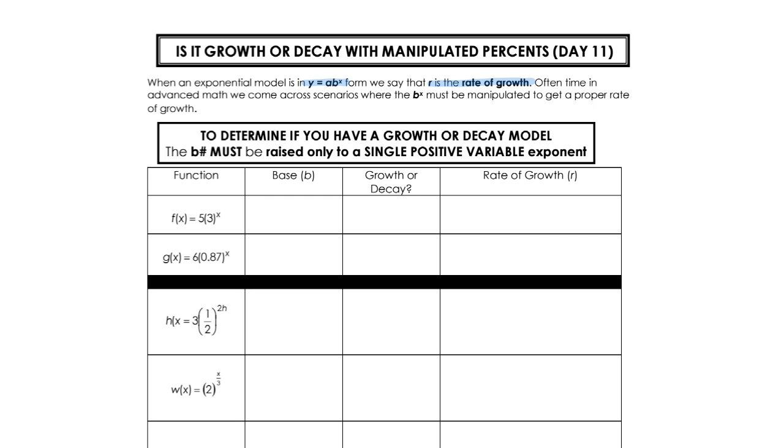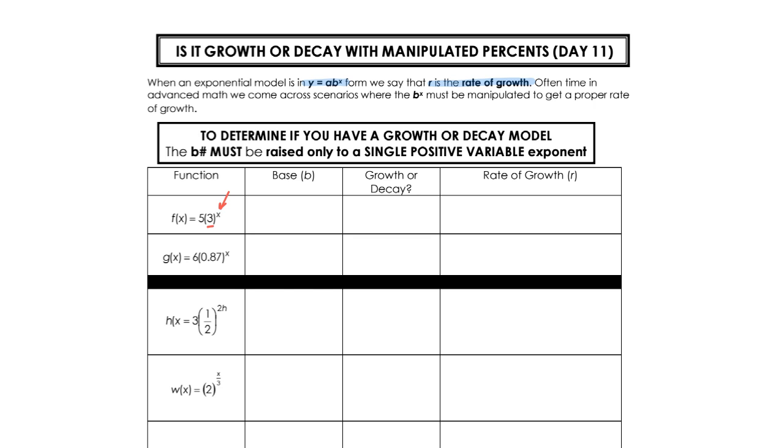What happens with these is that it's so easy to tell whether an equation or function is growth or decay based on the base. And we can judge a function, whether it's decay or growth, based on the base if the exponent is just an x, like we've been seeing.